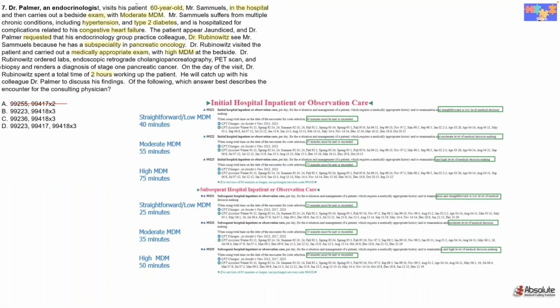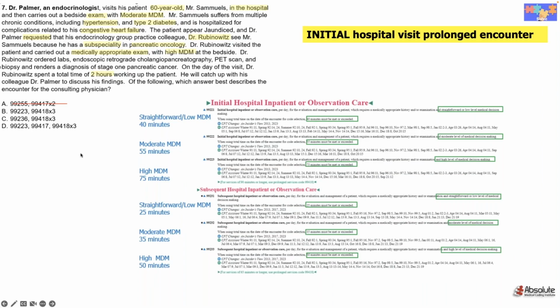So we know that. And if we look at our codes, B and D are both coding that initial visit. That's 99223. And this code 99223 is a 75-minute encounter. 75 minutes must be met or exceeded. So now we have to do some math, right? If Dr. Rabinowitz spent 2 hours working up the patient, let's break it down into minutes.